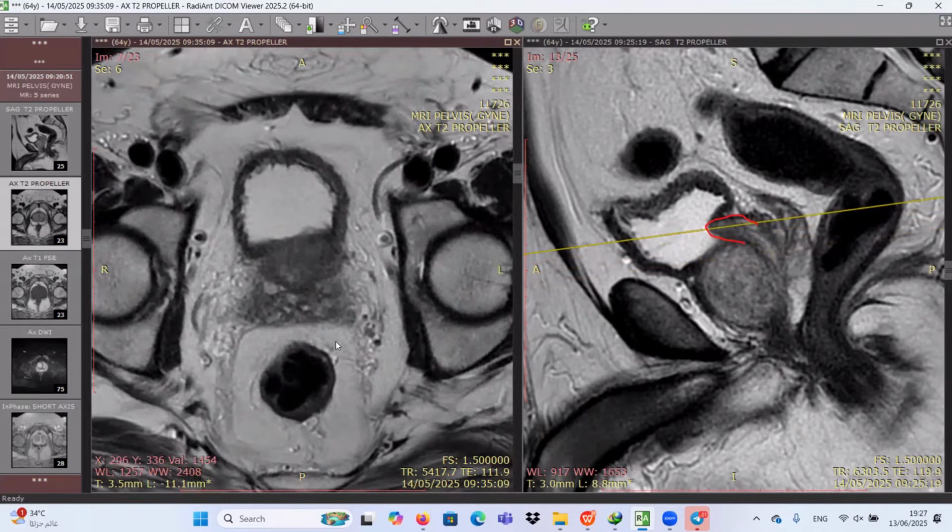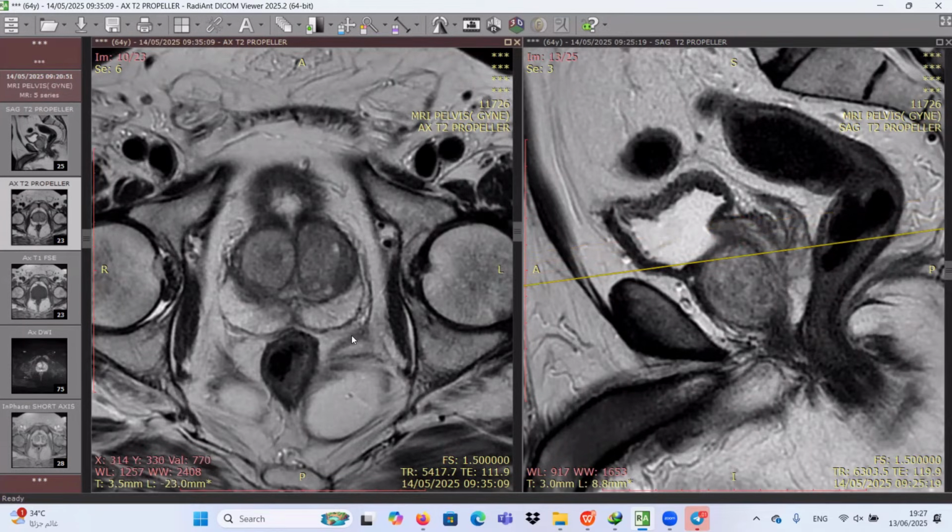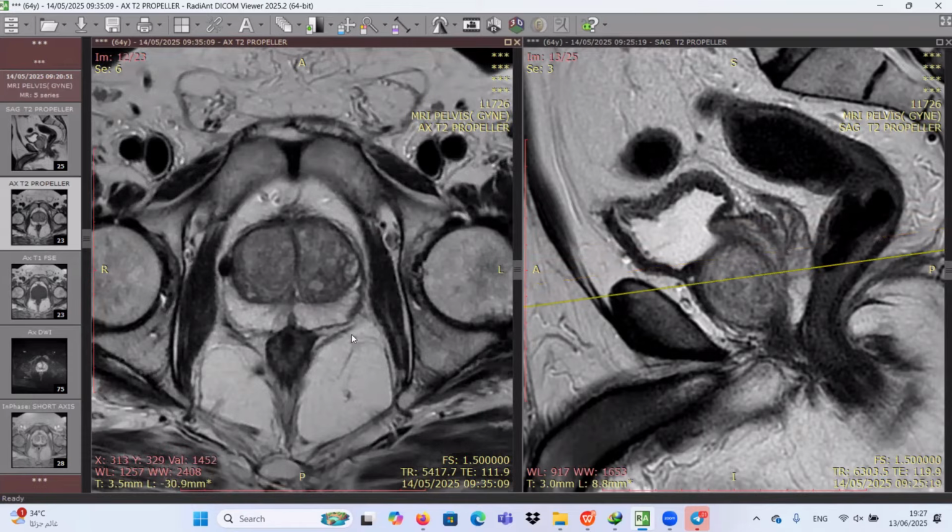This is the central zone at this area, and in the next slide, you will find only the transition zone and the peripheral zone. If we go more to the mid-level of the prostate, you will not find the central zone at all.